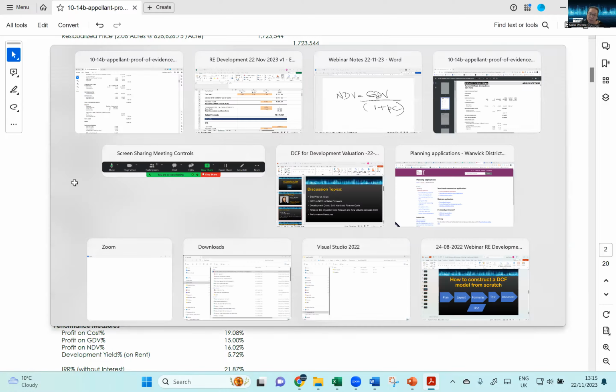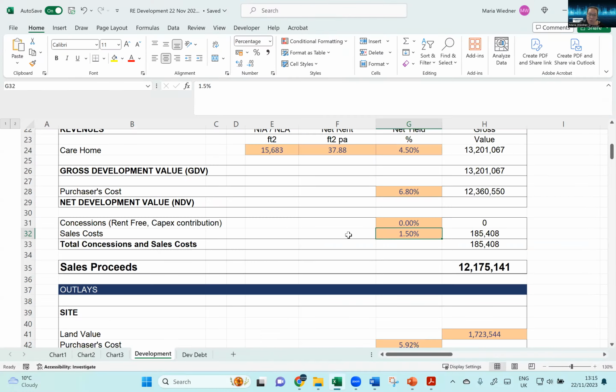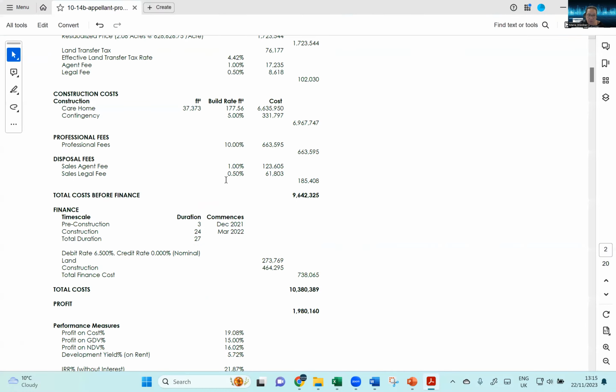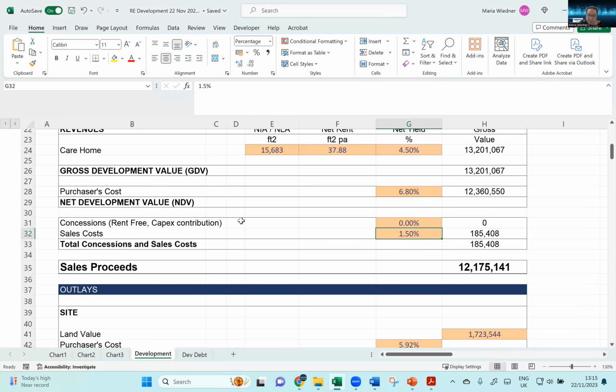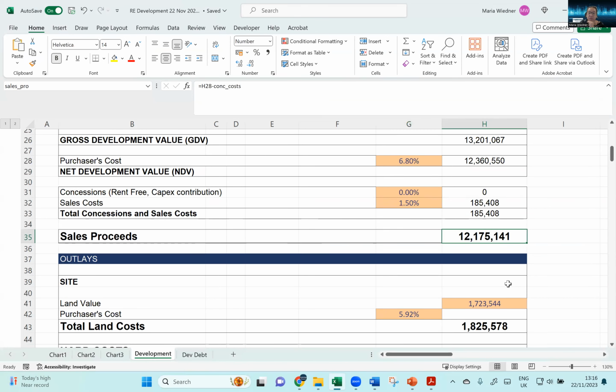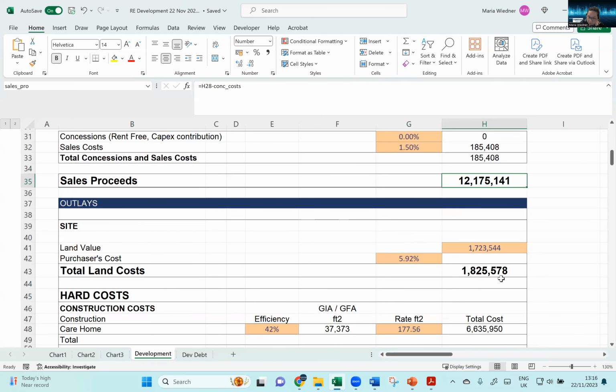It is not clear. So in my case, I just take out 1.5%, which is what they said here. So 1% agent fee, 0.5% legal fees. Okay, so then here we have sales proceeds of 12 million.